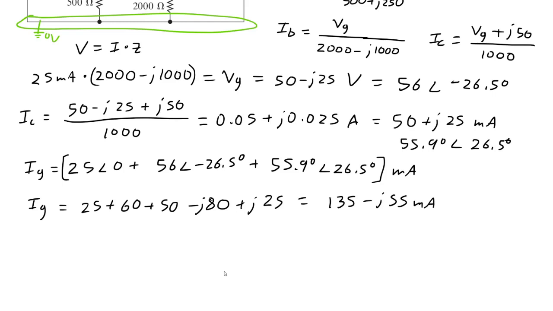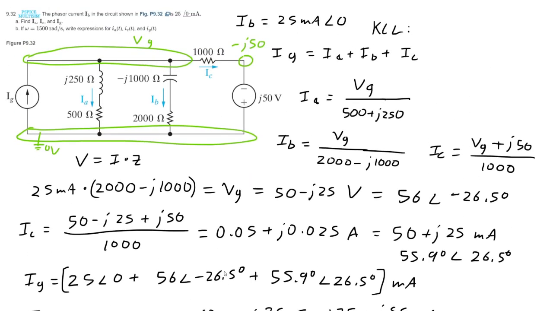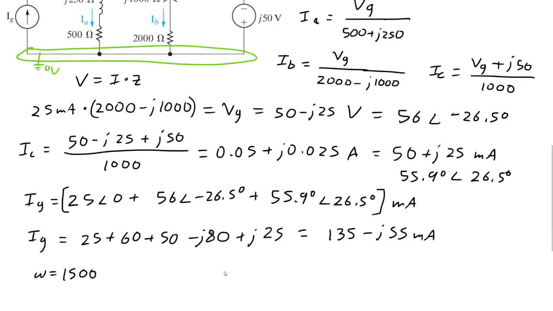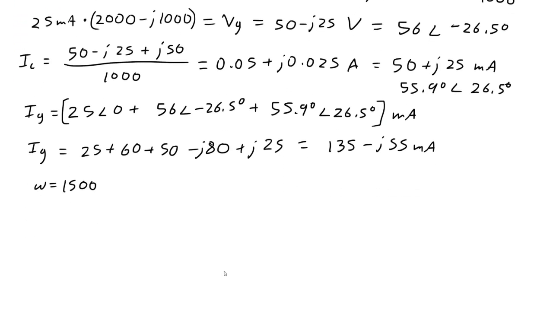If we convert that back into the phasor, remember our omega, actually I think the question gives it, omega is 1500 radians per second. We can go ahead and convert these phasors to time.